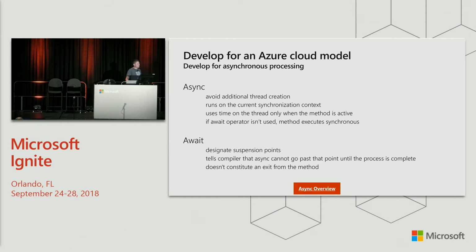So we're going to await the operation. Once it completes, it's going to come back, and it's going to tell the compiler that the async method cannot go past that particular point until that process is complete. So we're going to make sure that it comes back and we can respond to that particular function.